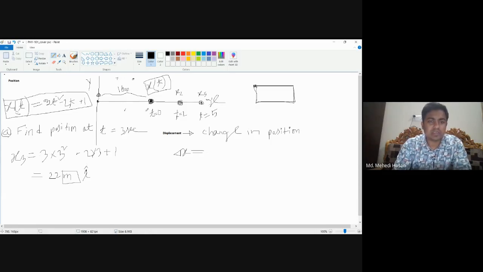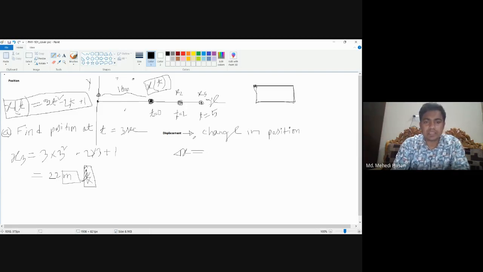If the equation is given in y only, y(t), then the unit vector will be j, and if the equation is given along the z direction, then you can write k. Since we are using the one-dimensional case, I'm not using unit vectors. You can use unit vectors or just the magnitude, because the magnitude and the vector will be the same. The only difference is that you write a unit vector.